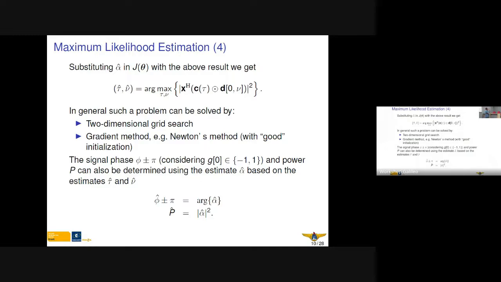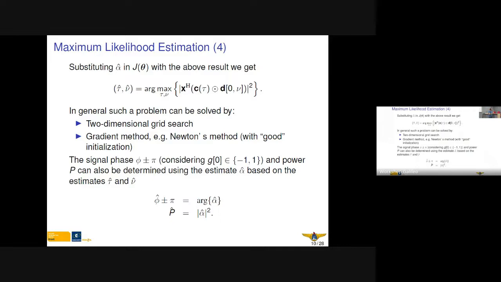The signal phase phi, plus minus pi, considering that g of 0 is -1 and 1, and power p can also be determined using the estimate of alpha, because the absolute valued square of alpha is equivalent to p, and the estimate of the phase, with an ambiguity of pi, is the argument of alpha. Why plus minus pi?